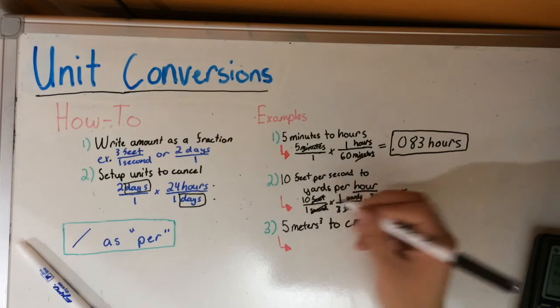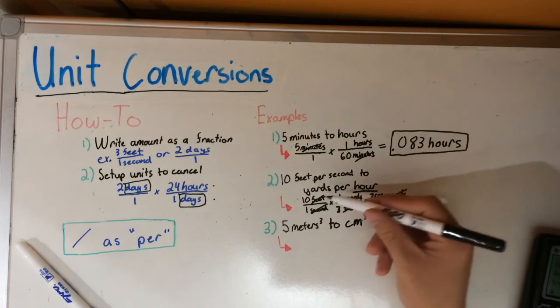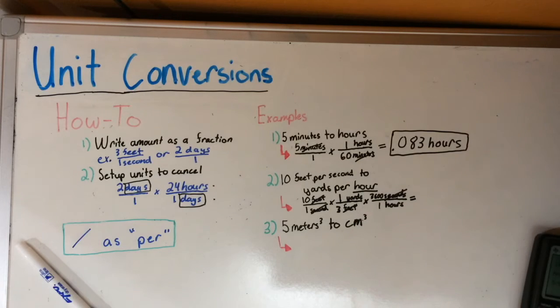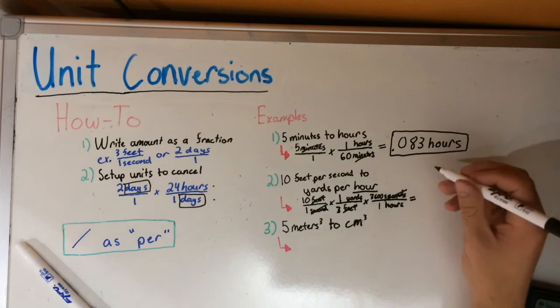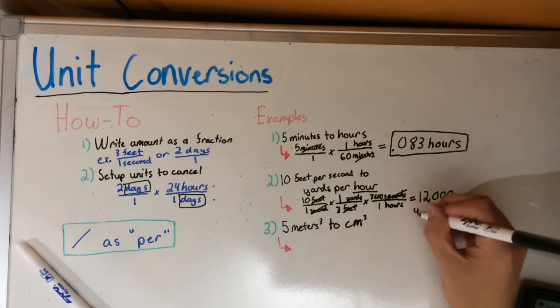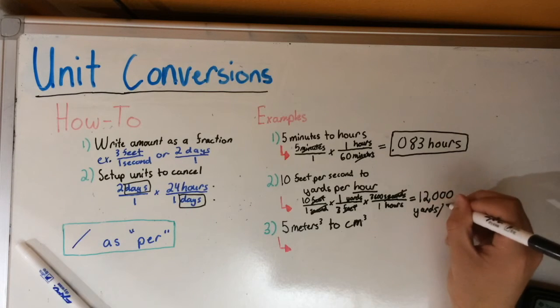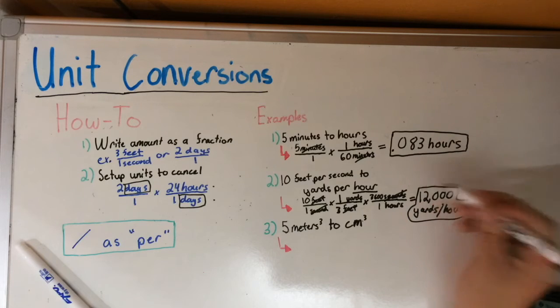Seconds are going to cancel out, and we're left with yards on top, hours on the bottom, which is exactly what we want, yards per hour. So if you go ahead and on your calculator do 10 times 3,600 divided by 3, you get 12,000 yards per hour. All right, so there we go.